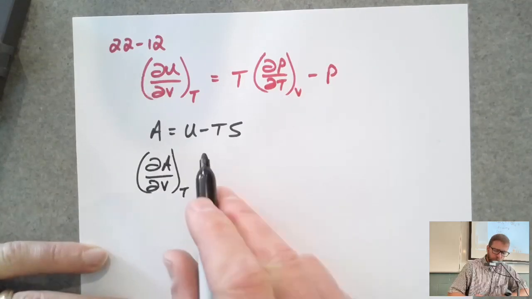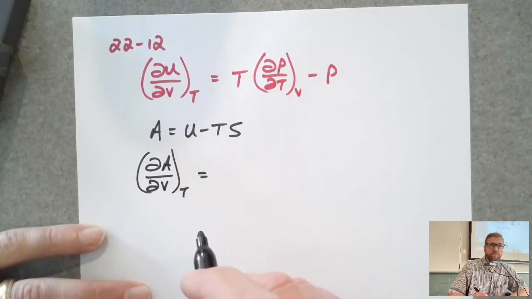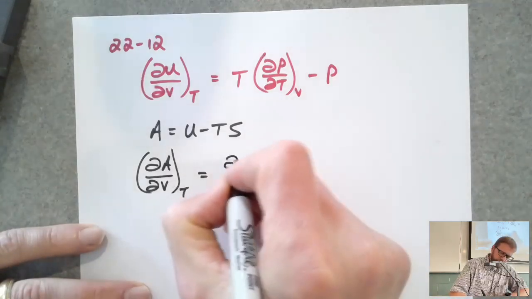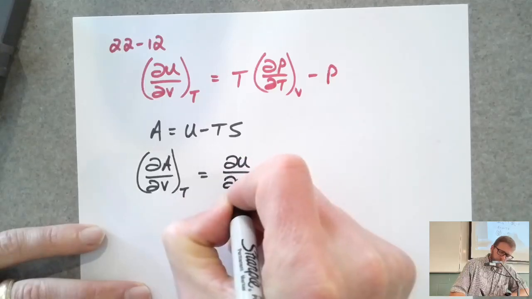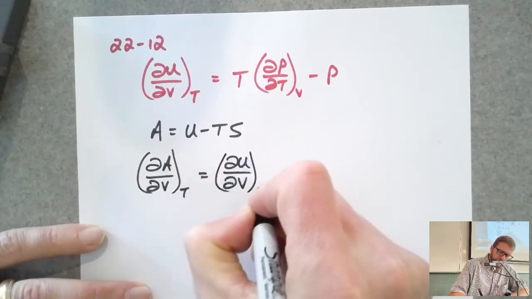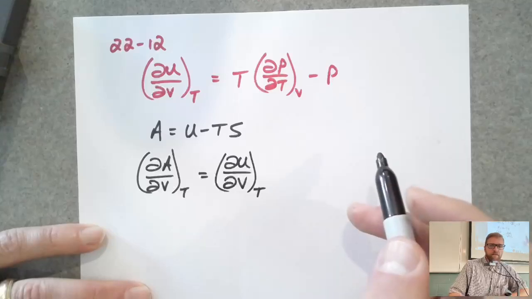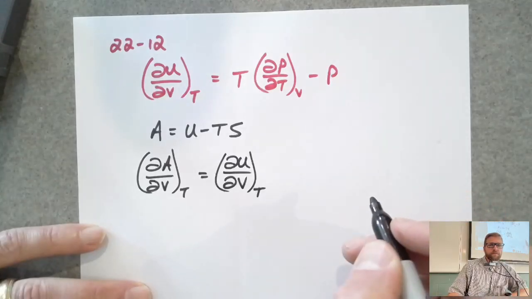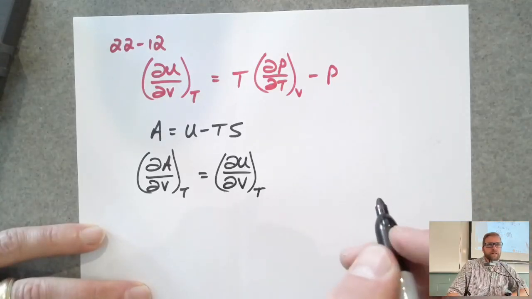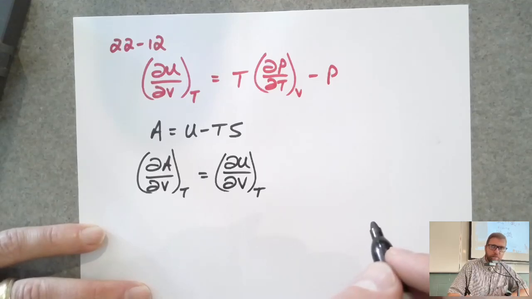Okay, and then what about the right side of the equation? Partial of U with respect to V at constant T. Yeah, del U, I guess. I don't know. I'm not a mathematician, so.